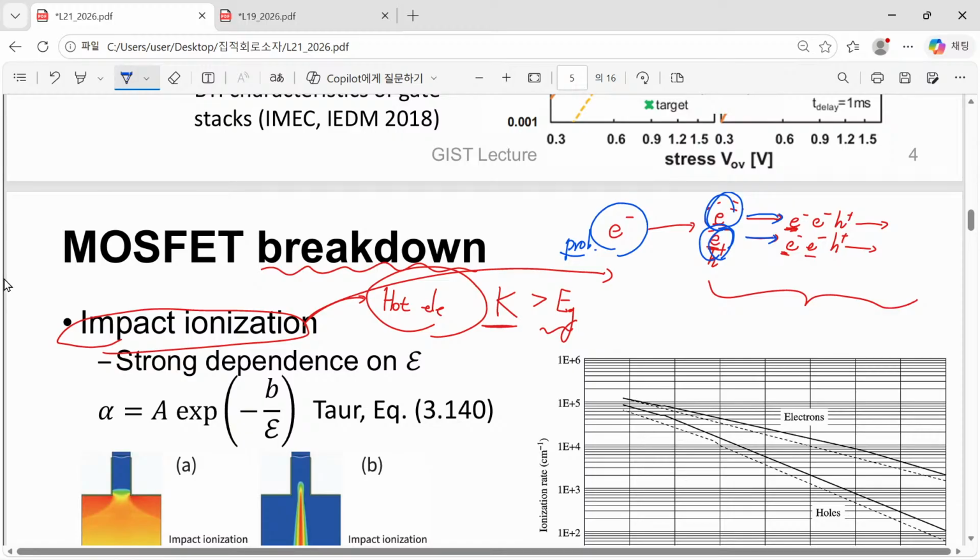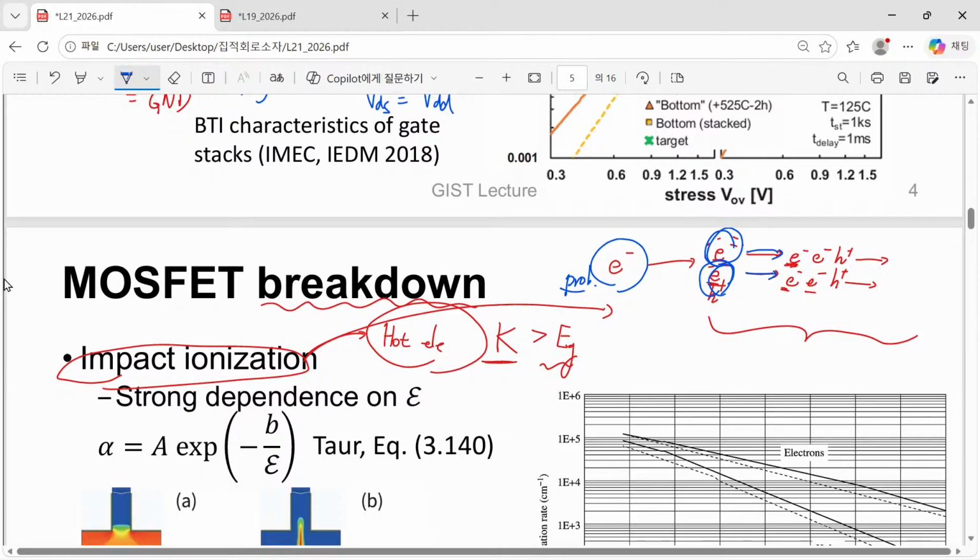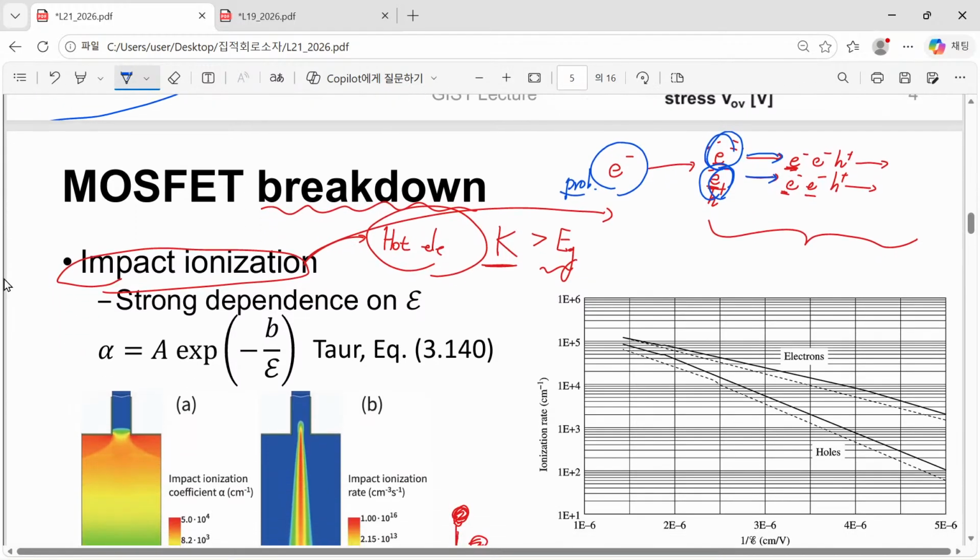Simply speaking, you can think about two competing mechanisms. When you apply high drain bias, we are increasing the occurrence of hot electrons, many more chances to have hot electrons. But at the same time, hot electron generation becomes quite a rare case. So you have two competing behaviors.